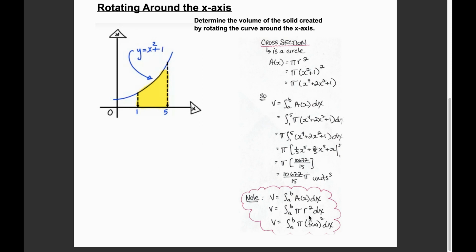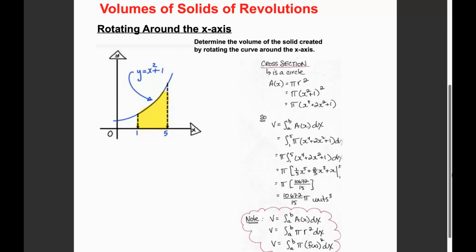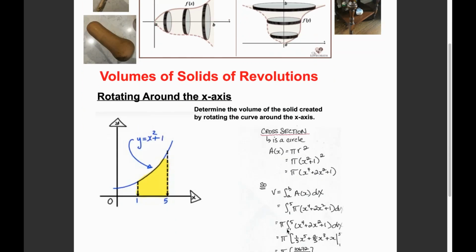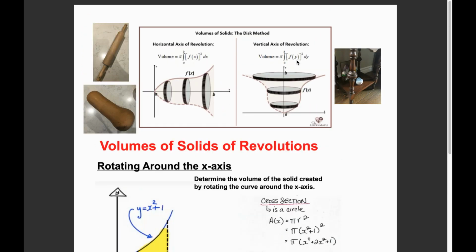So I've replaced my radius with f of x. So I get the volume is equal to the integral from a to b of pi times f of x squared dx. And in the formulas that we saw up here, they simply pulled that pi out front the way that I did here to come up with these formulas.